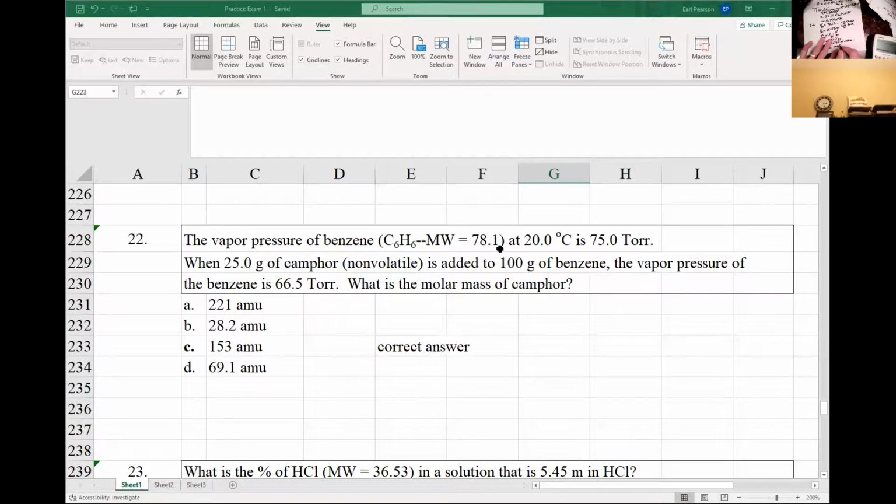Let's go back and see what we were told the molecular weight of benzene is, 78.1. And now that's going to be divided by 100 divided by 78.1 plus the moles of camphor. Okay, so there we go. Now I've got this number, remember. Get another piece of paper and continue.